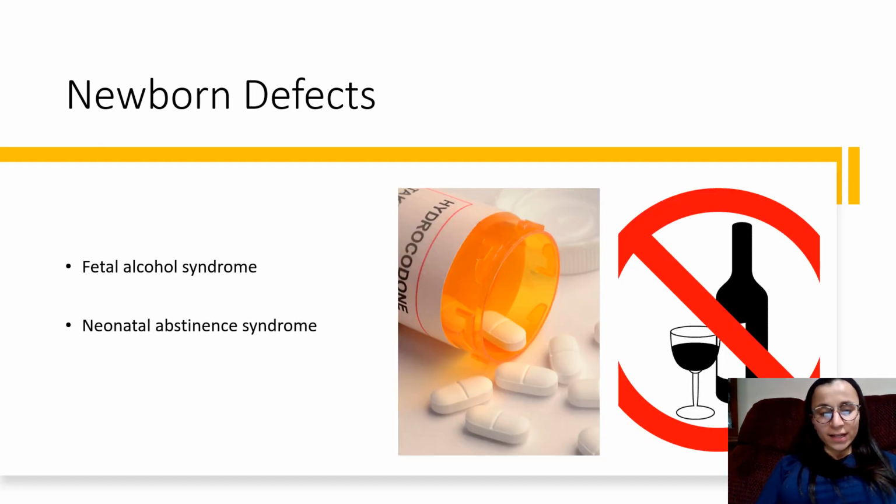Okay, so newborn defects. Fetal alcohol syndrome is when there's alcohol exposure during the mom's pregnancy, and it causes the baby to have intellectual and developmental delays. It's very unfortunate.